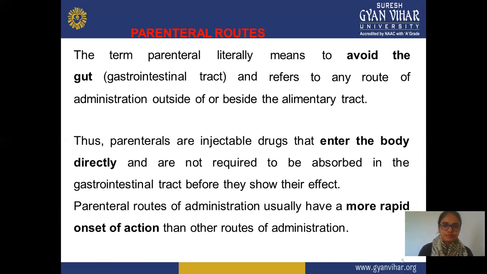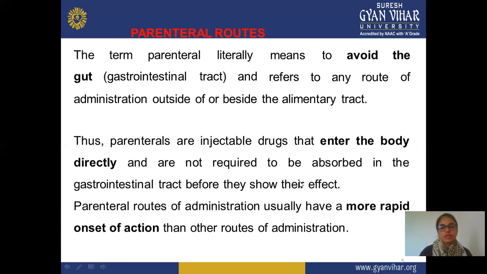In the parenteral route of administration, there is usually a more rapid onset of action. Means a larger onset of the required action is observed in this route compared to other routes or compared to the oral route, and it requires very little time when you give the drug intravenously. So it may show fast effect, within minutes, and other parenteral routes are also good for fast effect compared to the oral route.